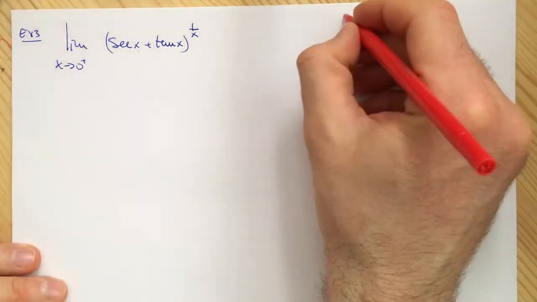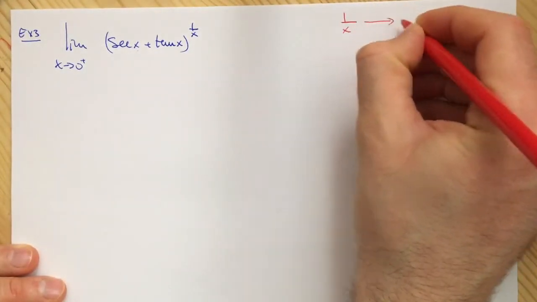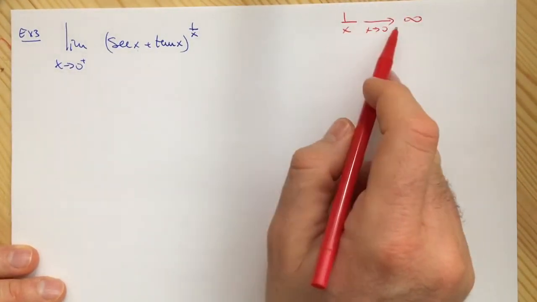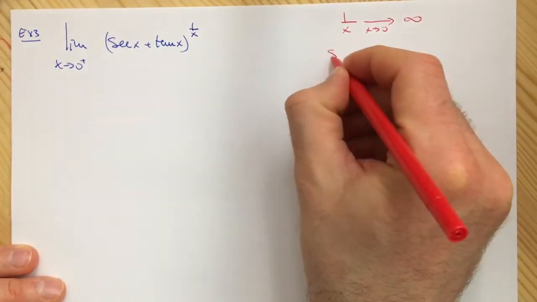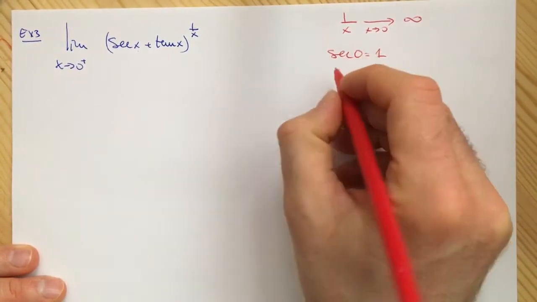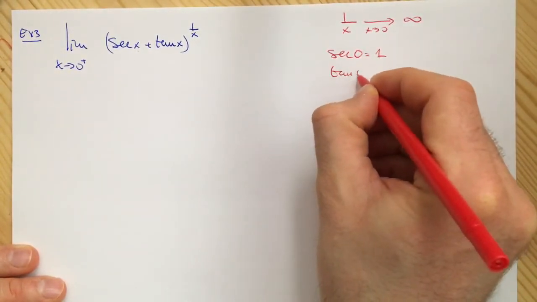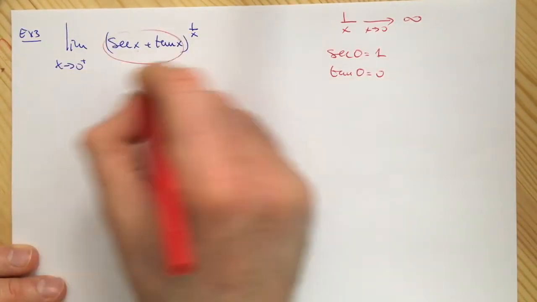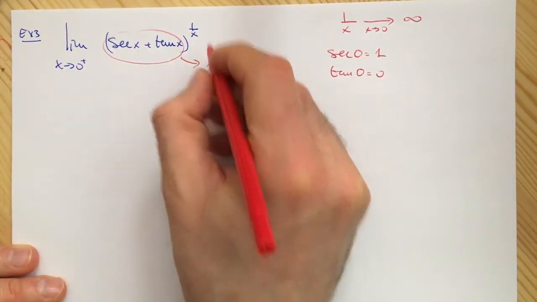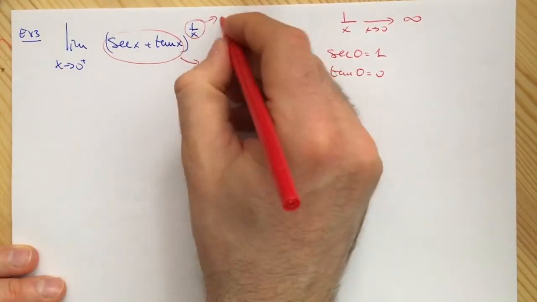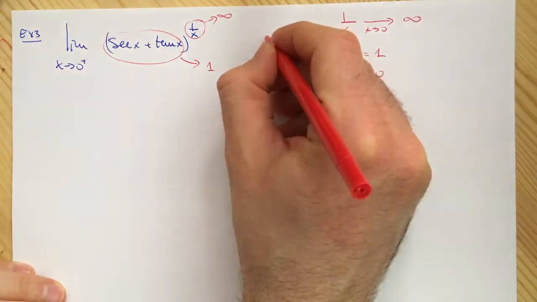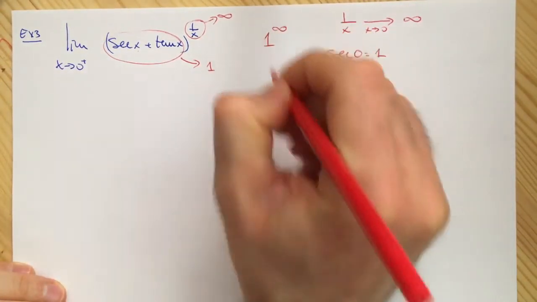Okay, so on the side here we can write that 1 over x goes to positive infinity as x goes to 0, right? That's obvious. Secant of 0 is 1, and tangent of 0 is 0, which means the base goes to 1 and the exponent goes to infinity. So this is an indeterminate form 1 to the power infinity.